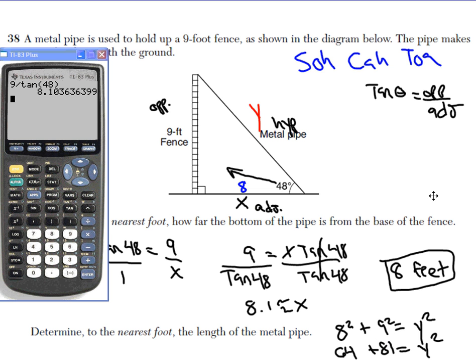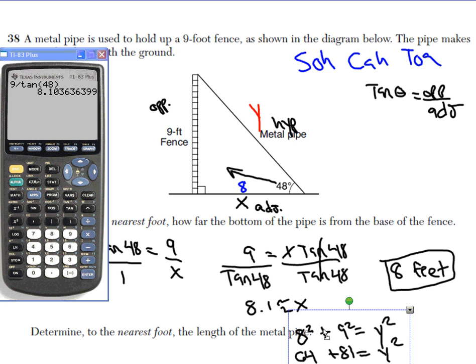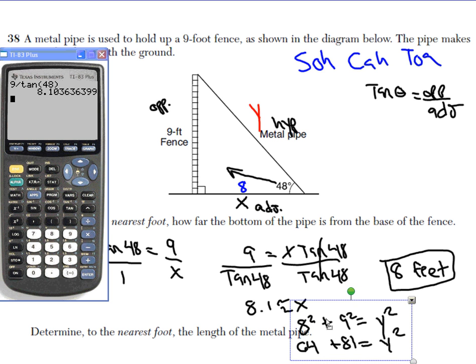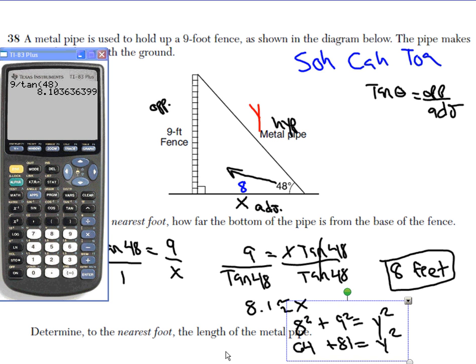64 plus 81 is going to give me 145. 145 equals y squared. Square root both sides.